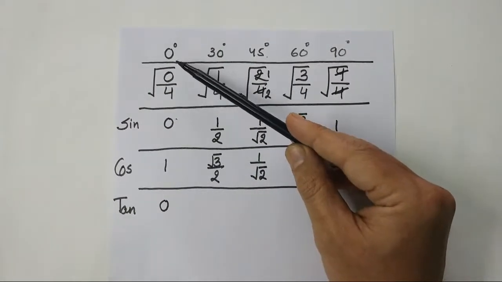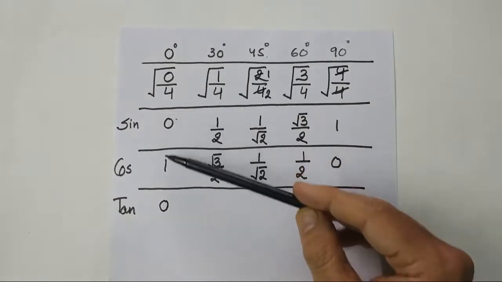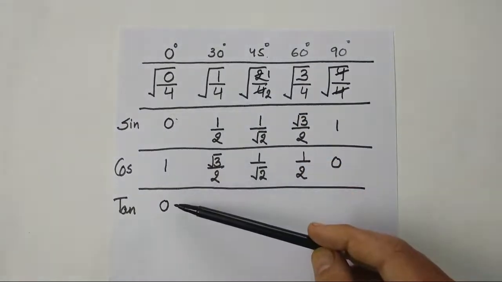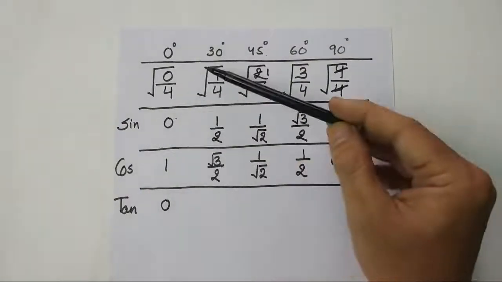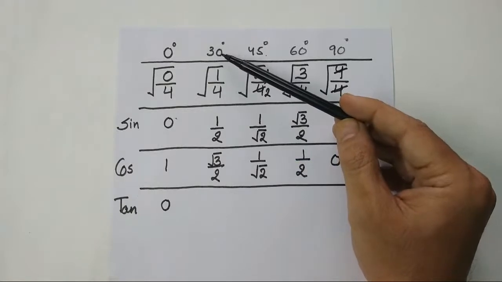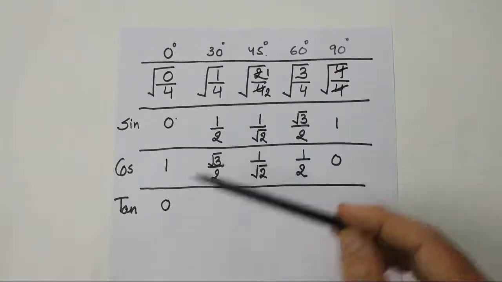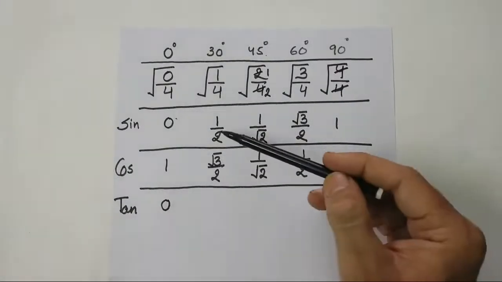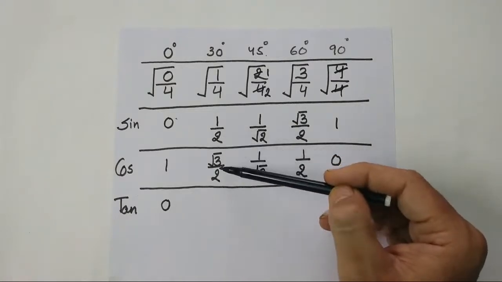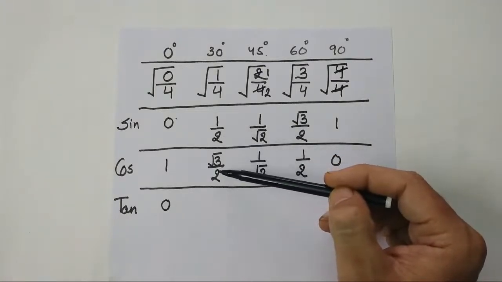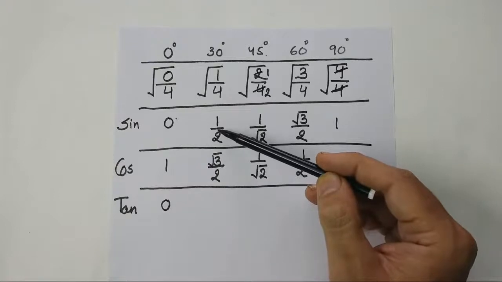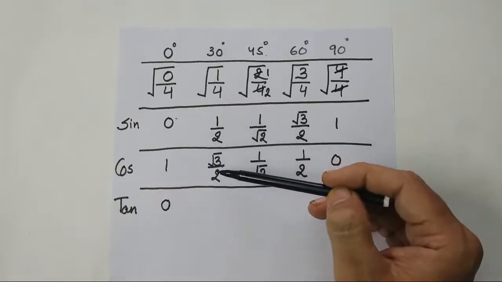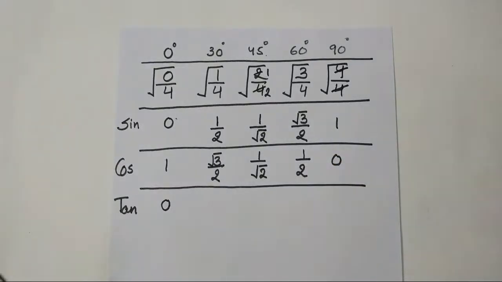So tan 0 means sine 0 upon cos 0, which is tan 0. Then sine of 30 divided by cos of 30 will give you tan 30. So when I divide 1 upon 2 by root 3 upon 2, what will it give you?